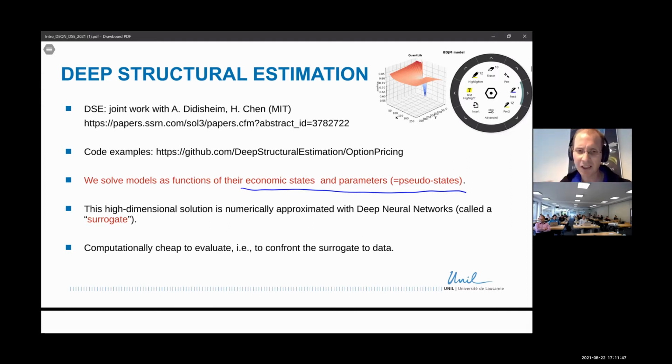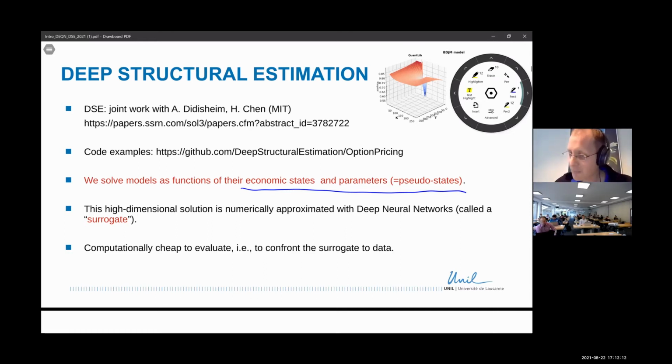It's computationally not that trivial, but from a conceptual point of view, it's trivial. So we will have models that consist of the exogenous and endogenous states and parameters. And then we solve the model once with the neural net.